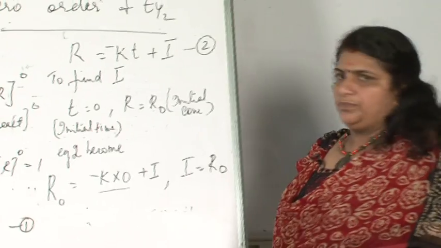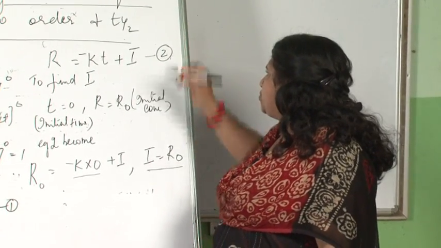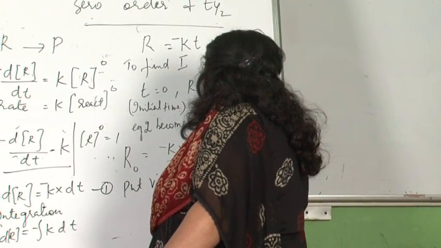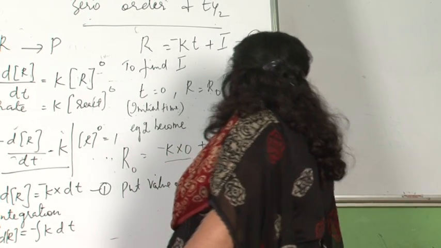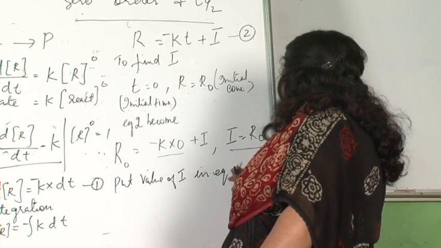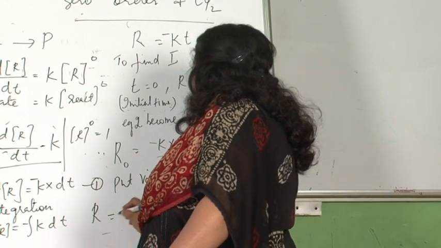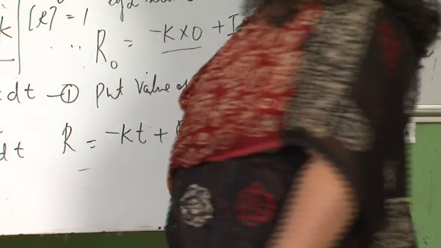This term becomes 0. Put the value of I in equation 2. So you will get R is equal to minus K into t plus R0.